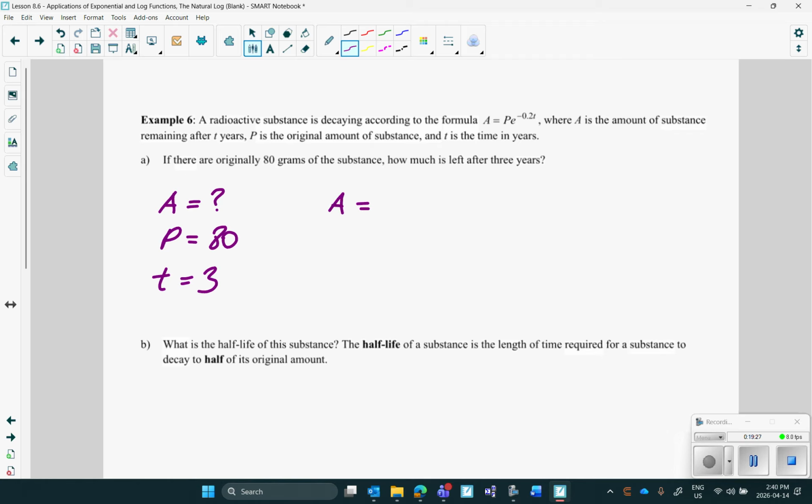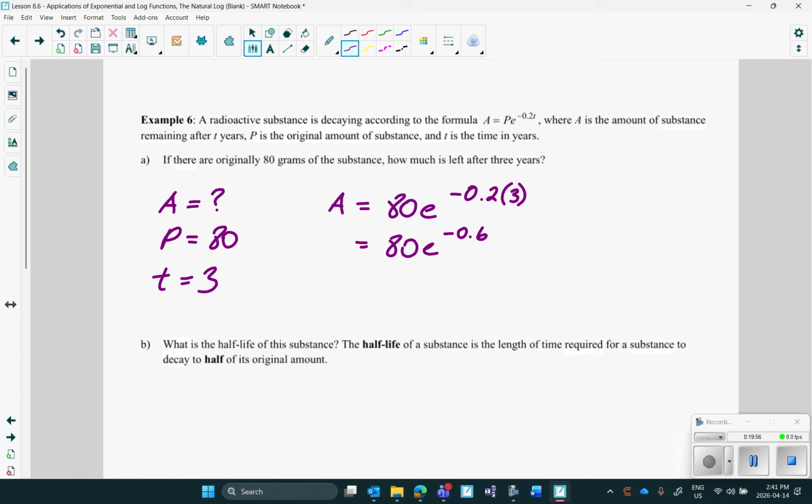So, come on, you guys. So we have to do this. What is negative 0.2 times 3? Negative 0.6. Okay, so on your calculator, e to the negative 0.6 times 80, that should result in a smaller number than 80.